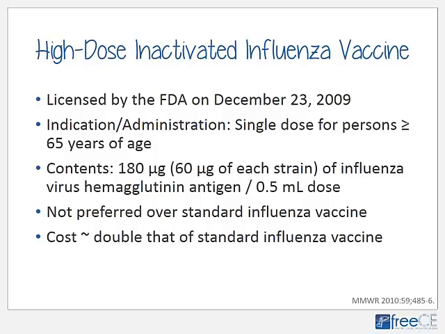From a safety standpoint, the number of adverse events is relatively similar. There were slightly higher rates of pain at the injection site, so 35% of patients in the high-dose vaccine product group, where it's 25% in our standard dose group.